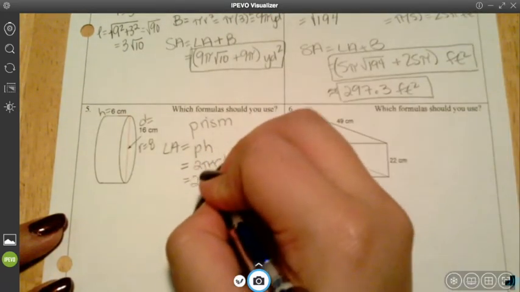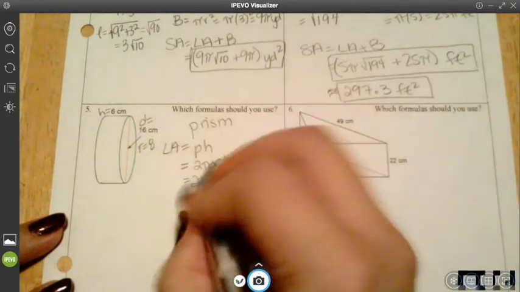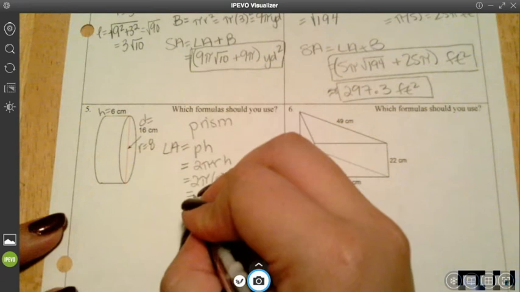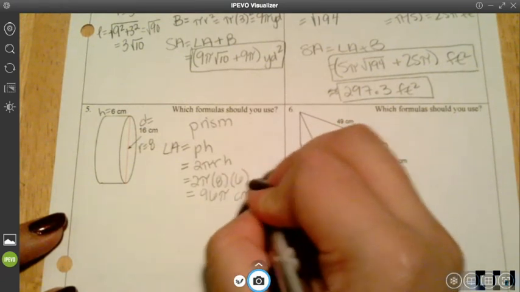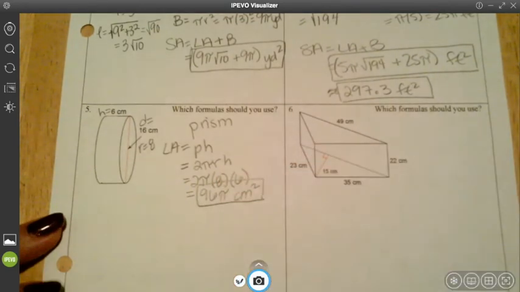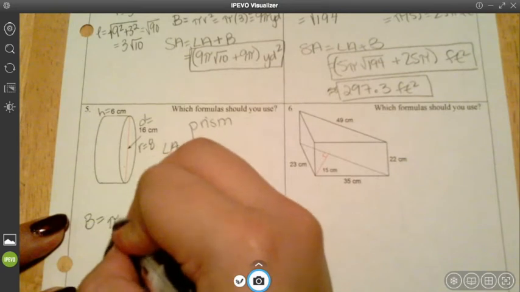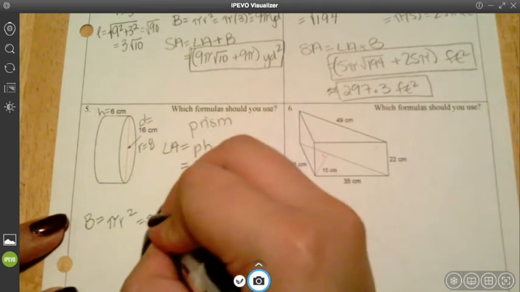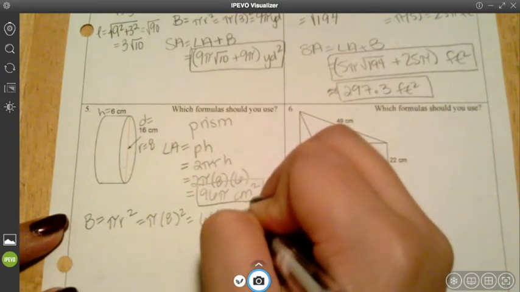2 pi times my radius, which is 8, times my height, which is 6, leaves us with 96 pi square centimeters. And then we have our base, which is a circle, pi r squared, radius is 8, giving us 64 pi square centimeters.